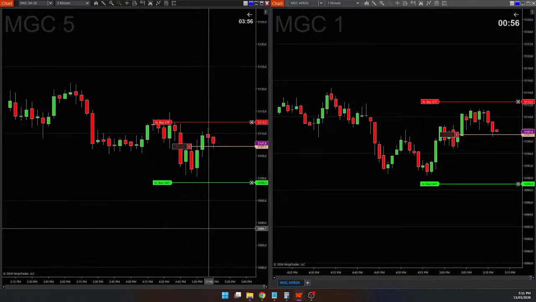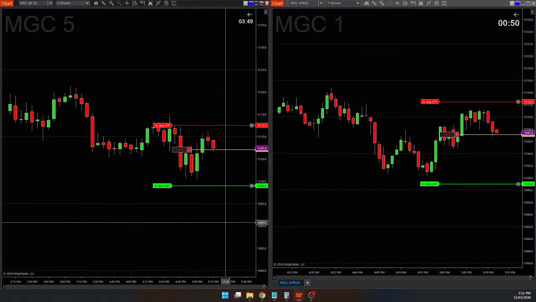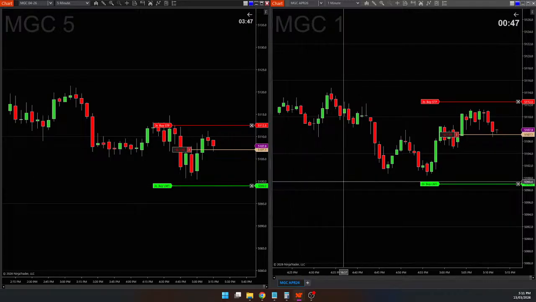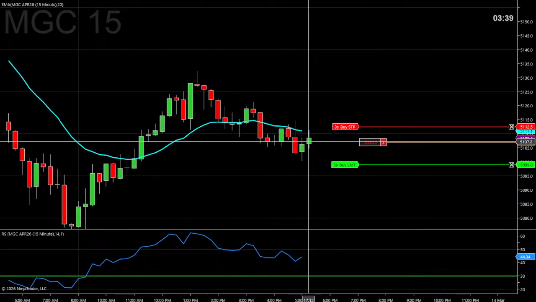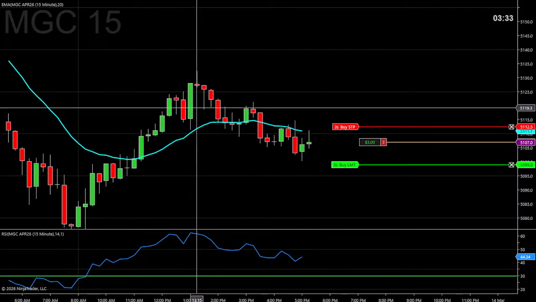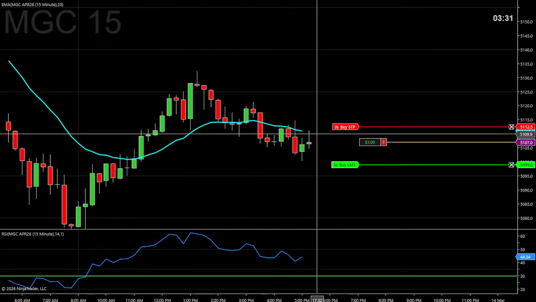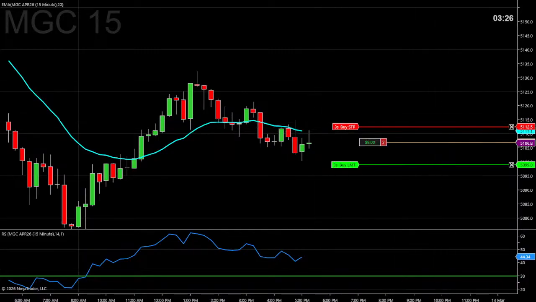It does show that I was a bit hasty with entering some more contracts. Didn't wait for the strength to actually be really strong. Looking back at the main chart, this is more like a bear channel, really. It's still ranging up and down in a way that is not too clean.